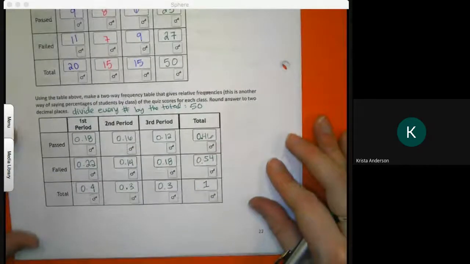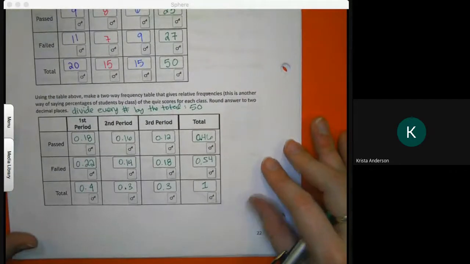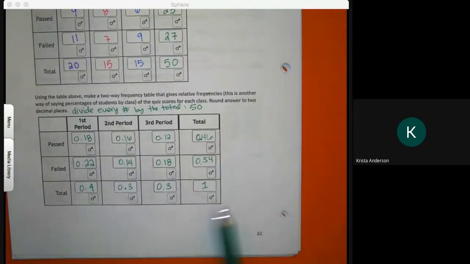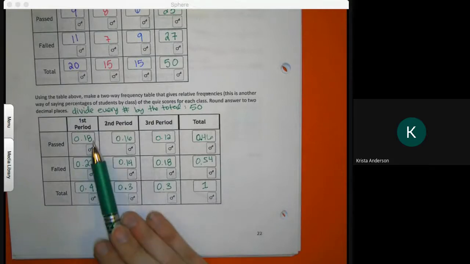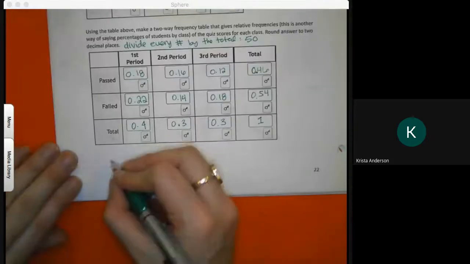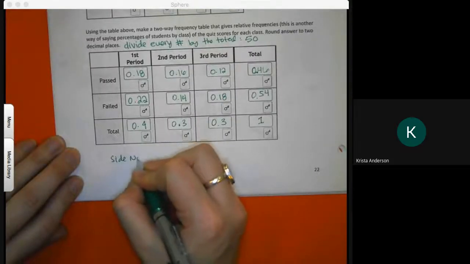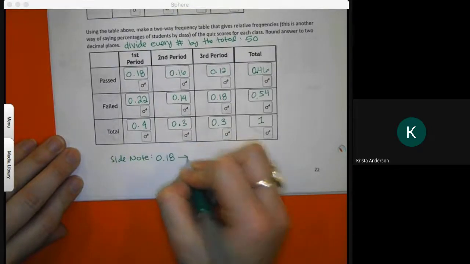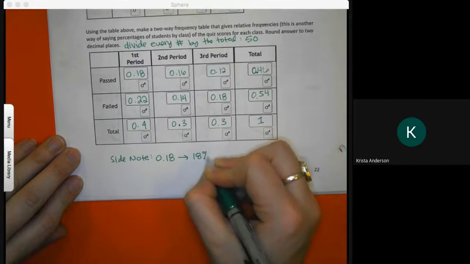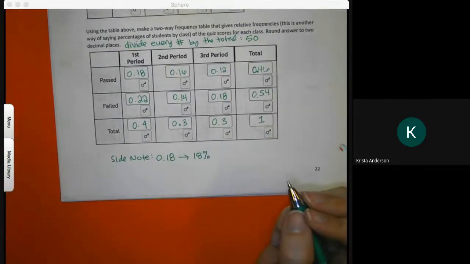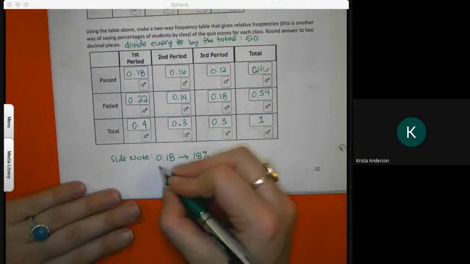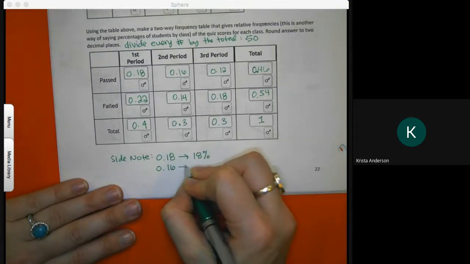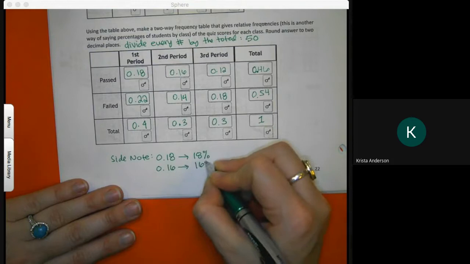If I wanted to have percentages for the assignment, I'm going to leave it as decimal. But if I wanted it as a percent, this is just a side note, 0.18 is really 18% of the students. 0.16 is 16%.